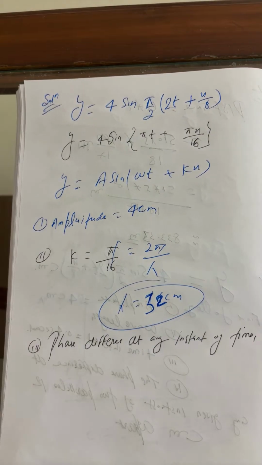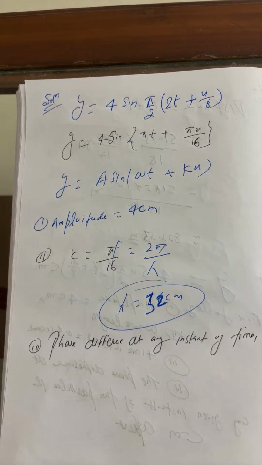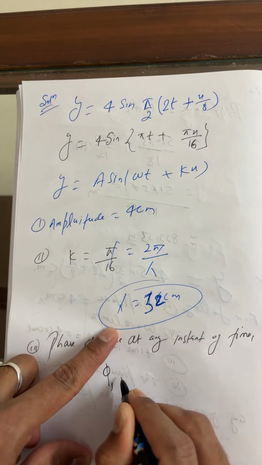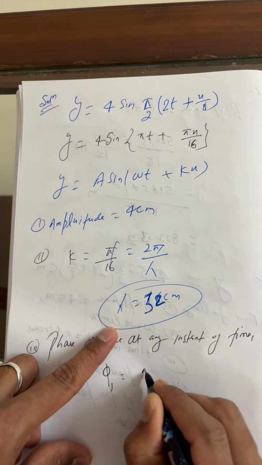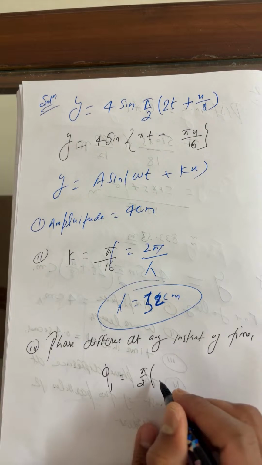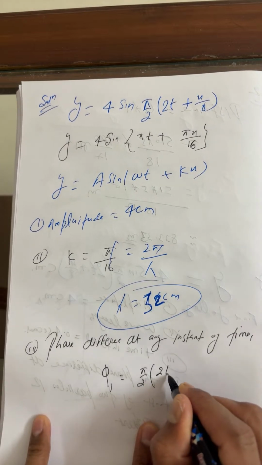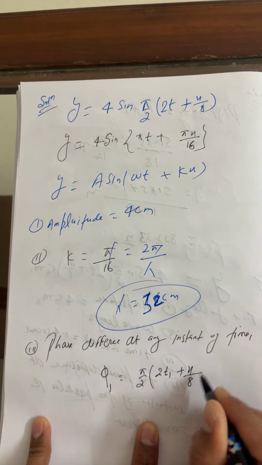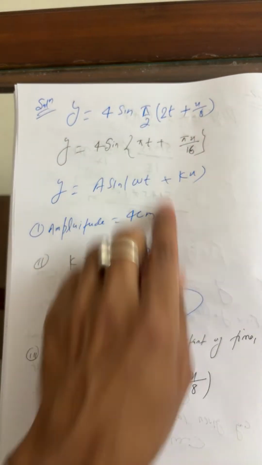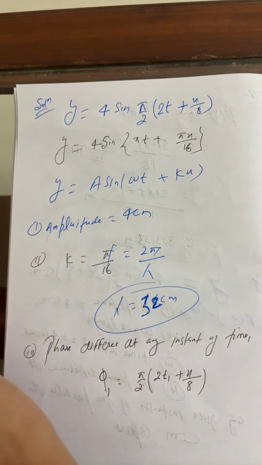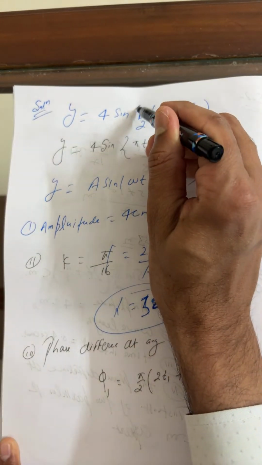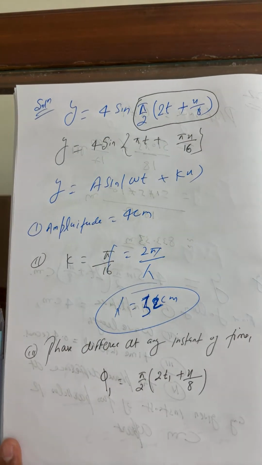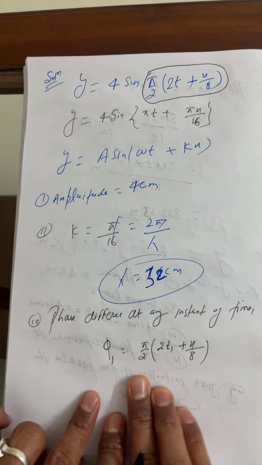What you can write is phi 1. Phi 1 you can write as pi by 2 times (2 t1 plus x by 8). Except for the sine, this entire term you can treat as the phase. So this is phi 1.